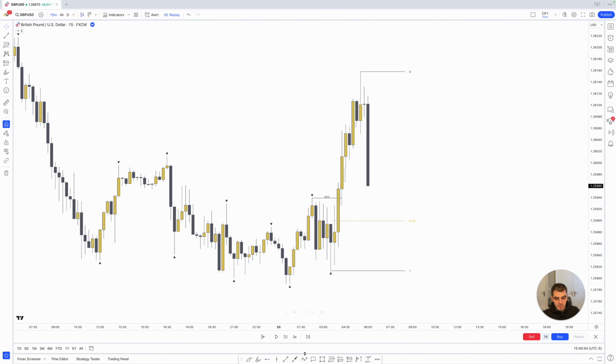So first things first, it seems as though we have a sweep of liquidity to the downside here. And the reason I'm able to say that, I keep repeating this in my videos, guys, is because price violated this low right here that I drew the arrow from. Price clearly violated that low, but not in a very strong manner.